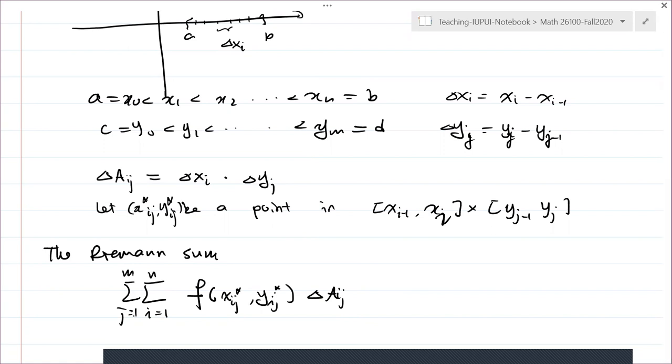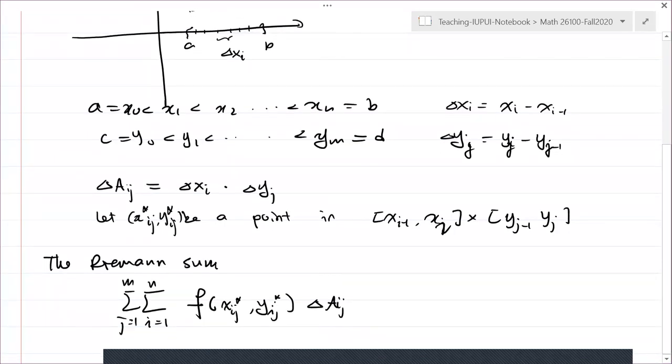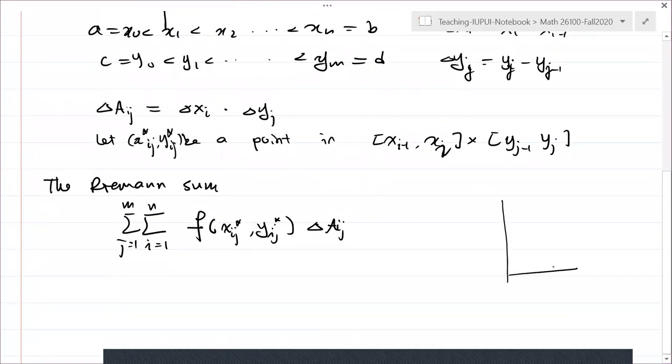Now, what's the geometric meaning of this Riemann sum? If f is positive, this is going to be the volume of the piece under the graph. If you look at the picture here, this is a rectangle in the xy plane, and there is a small rectangle here.